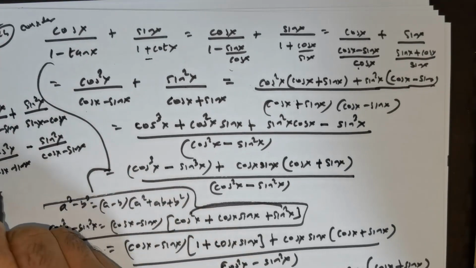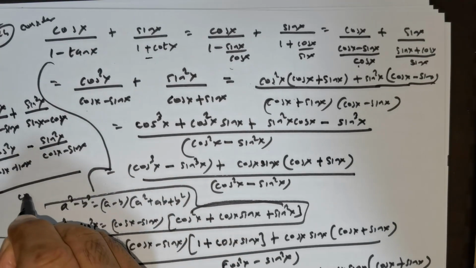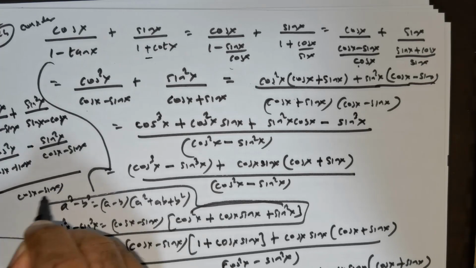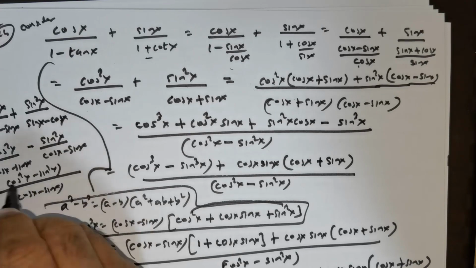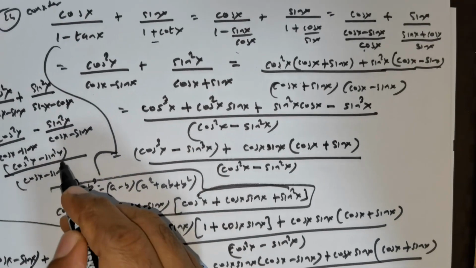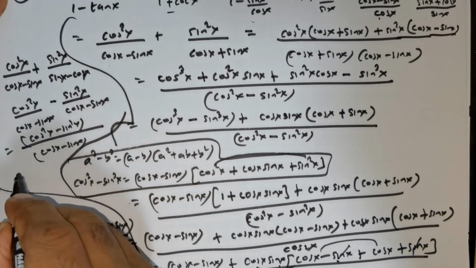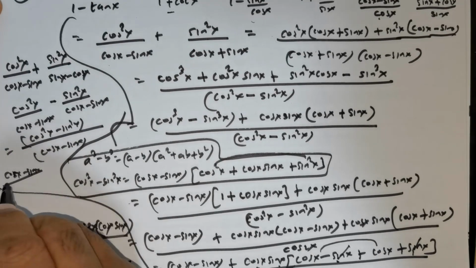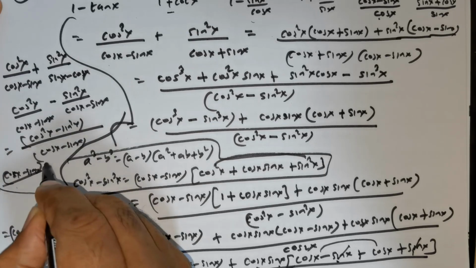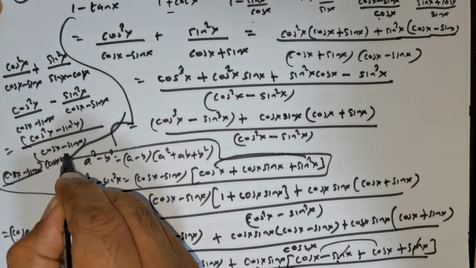So I can take the LCM as cos x minus sin x, and that would give me cos squared x minus sin squared x, and I can split it as cos x minus sin x times cos x plus sin x.